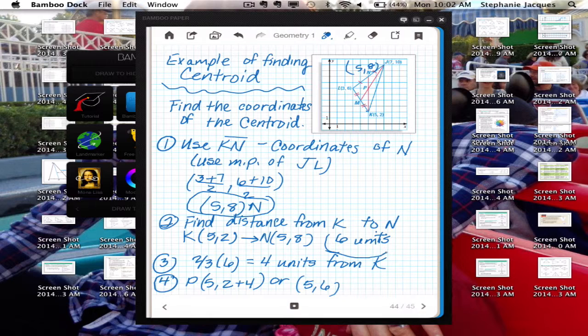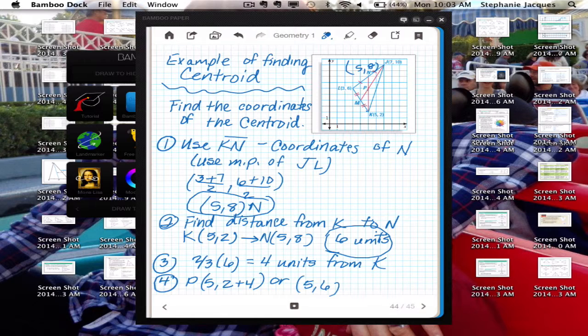So I know that Kn is 6 units, but I want to find the 2/3 value. We want to find PK. So we know that 2/3 of 6 units is 4 units from K. If we go 2/3 from K, we're going up from 5, 2, and we're going 1, 2, 3, 4.